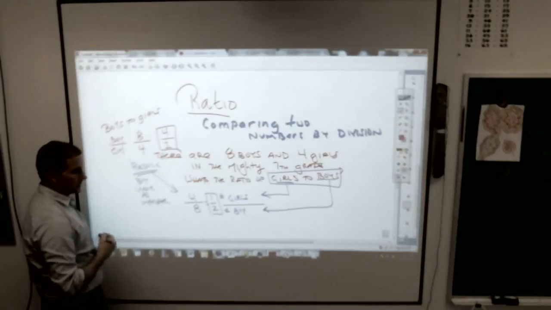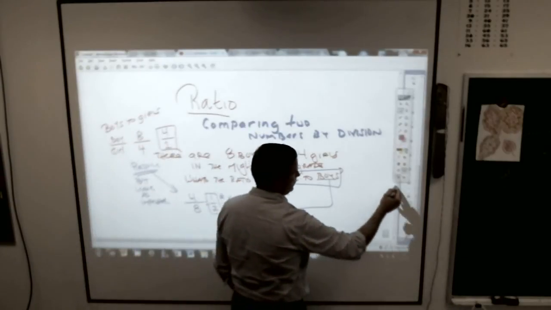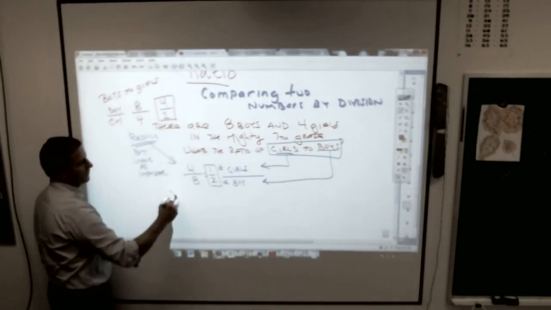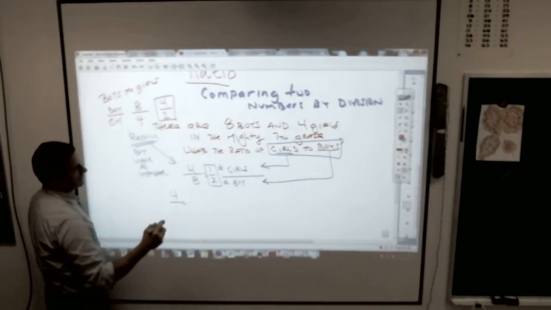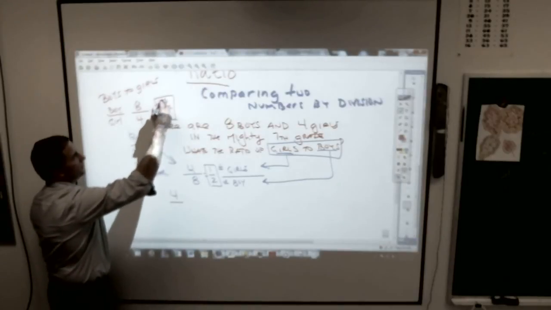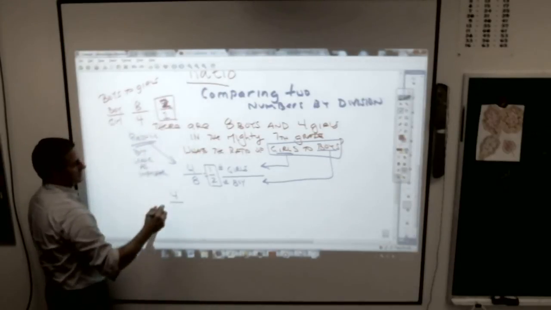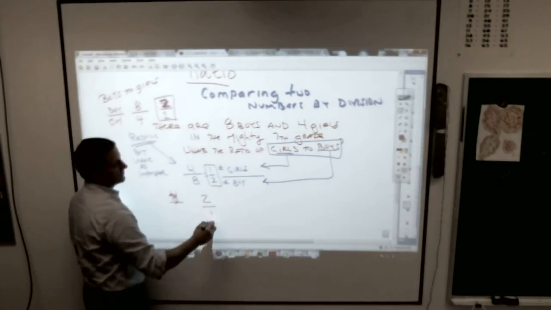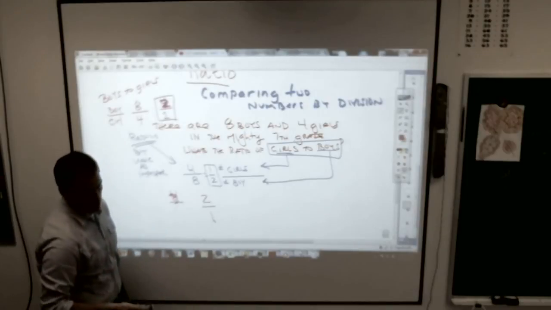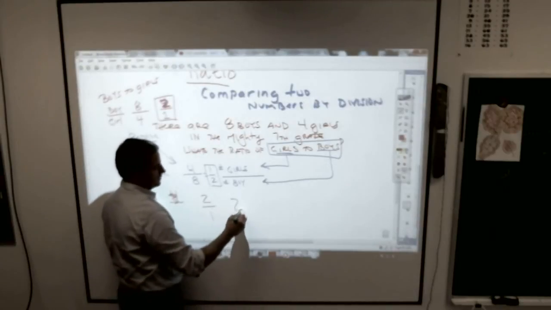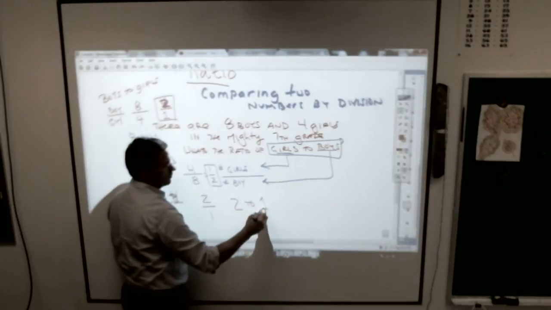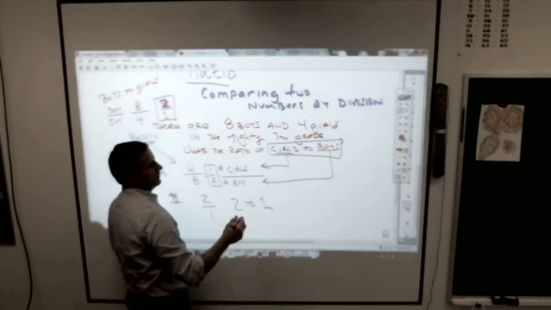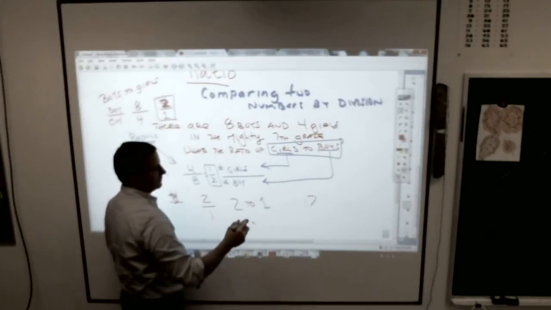Now, just so you know, ratios can also be written in other ways. Sometimes you can write it as 2 to 1, or in word form.